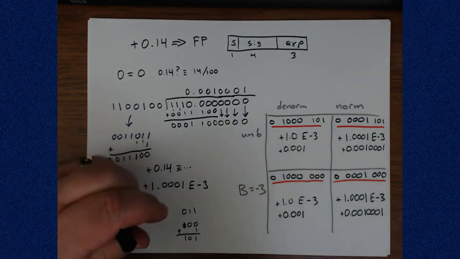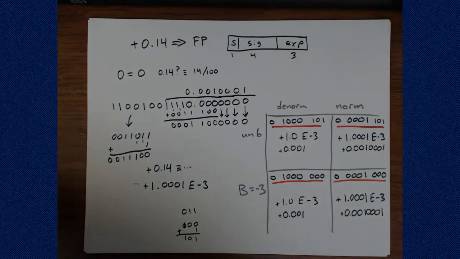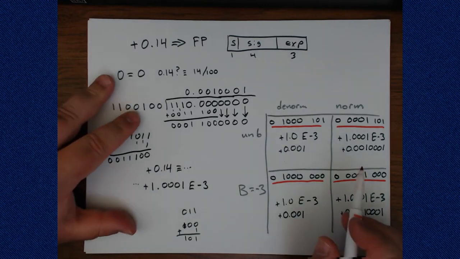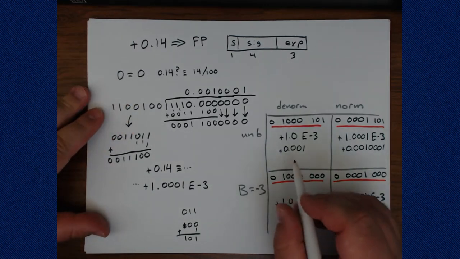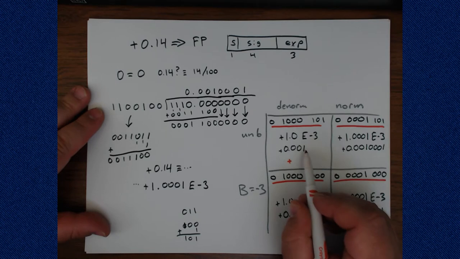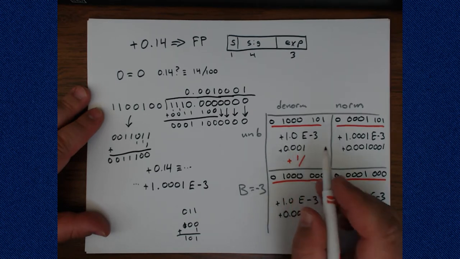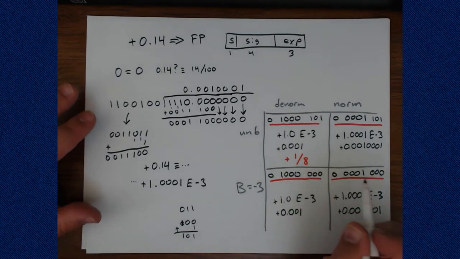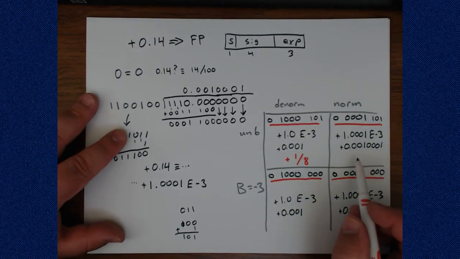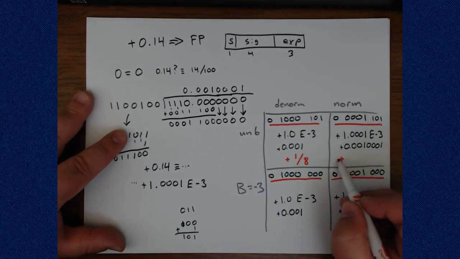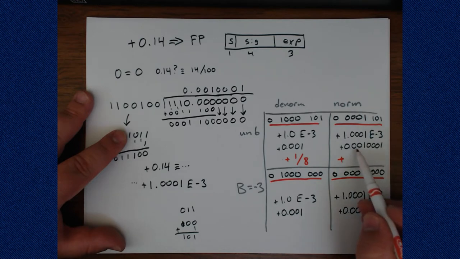What's the fractional value contained in each of these? Let's see. So this is a positive 1 out of 1, 2, 3 bits. 2 to the third is 8. So this is positive 1/8. On this side, we've got a positive, and let's see, 10001.